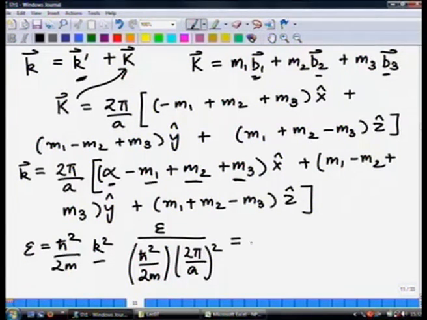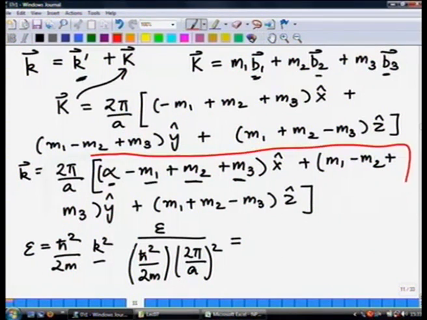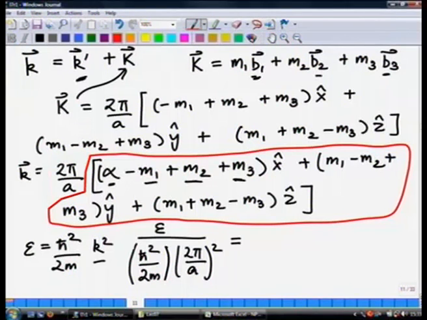I can use this as equal to the square of basically this entire factor from here to here. Let me use a different pen. The square of this factor only, this red factor. Basically, the dot product of this particular factor is essentially the square which I am plotting here.